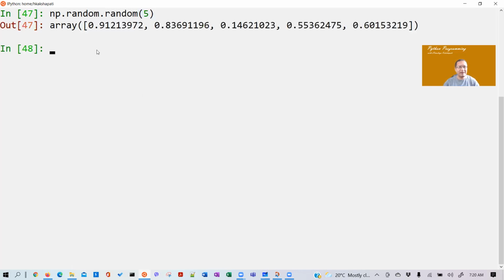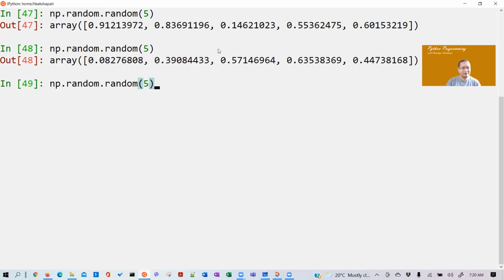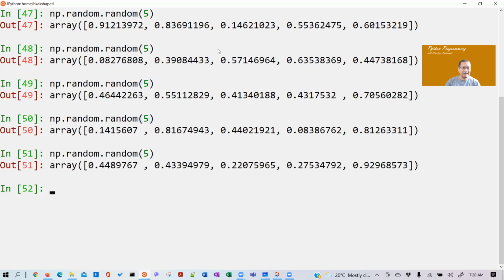So it's a random number. Every time I get different numbers. I do not get the same number. They are supposed to be random numbers. Almost never do you get clashes.